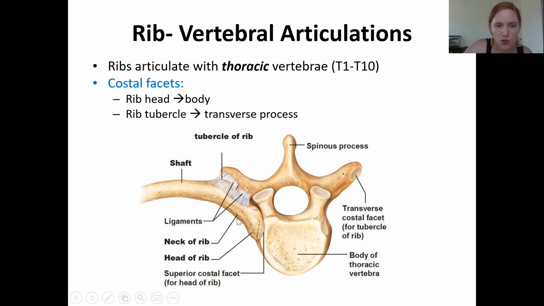Okay, so the head of the rib will articulate with the body of the thoracic vertebrae, and the tubercle of the rib is going to articulate with the transverse process of the thoracic vertebrae. Okay, so I do think it's important that you understand how the bones connect together when they articulate.